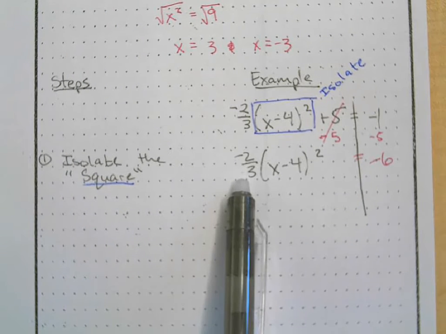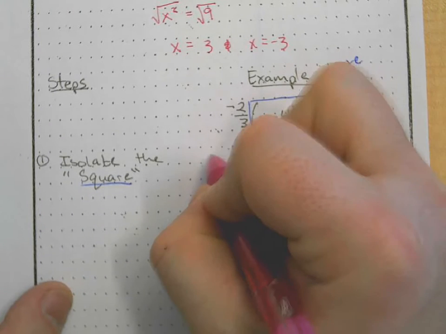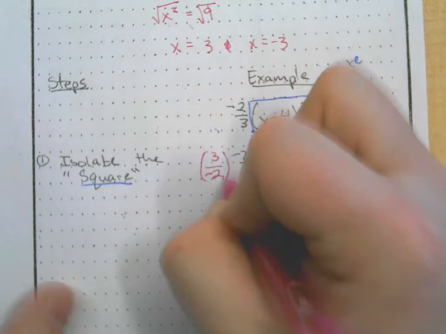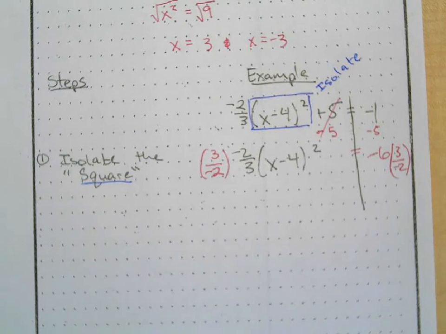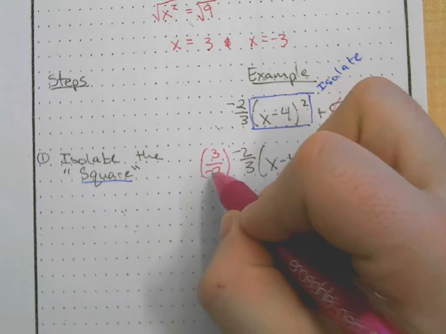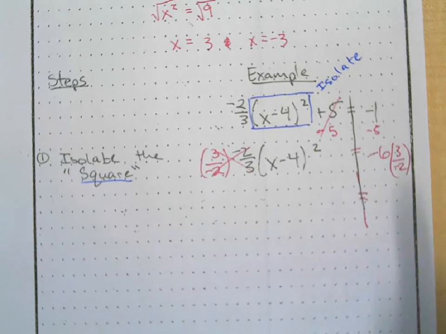And now I need to get rid of this fraction, so I'll multiply both sides by the reciprocal. These fractions will cancel. And then I'll get multiplying fractions together.